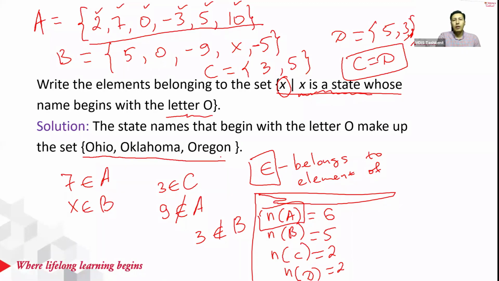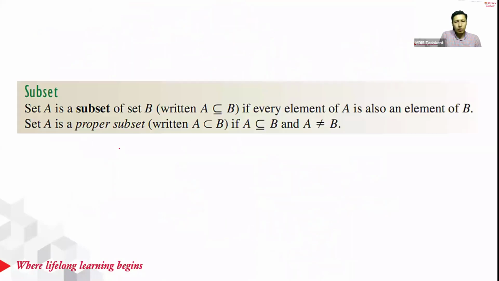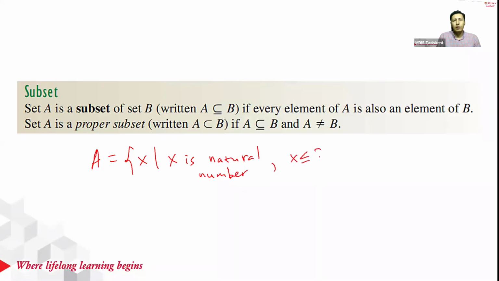I will show you another example. A consists of x elements, x is a natural number and less than or equal to 3.